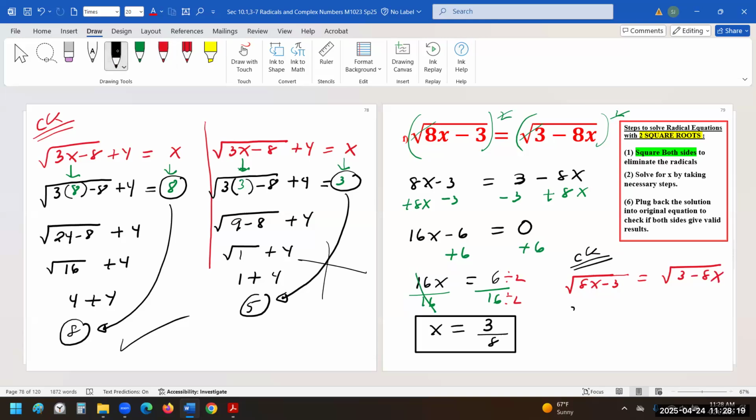So we have 8 times 3 over 8 minus 3 under the radical, and 3 minus 8 times 3 over 8. We have 8 in the numerator, 8 in the denominator. We can cancel them.